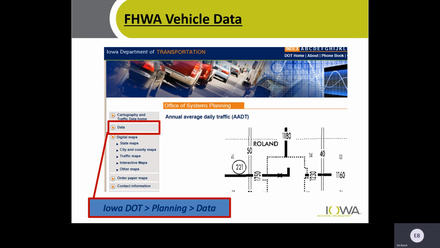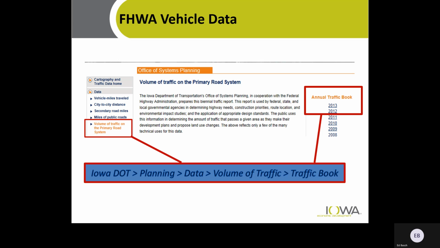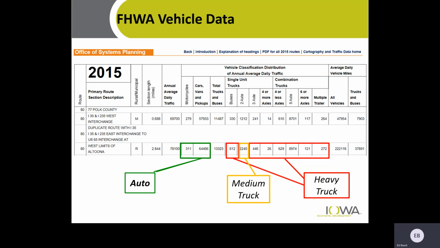At the DOT website, you can find average daily traffic counts by searching for your location and by the year. Then you'll get something that looks like this.